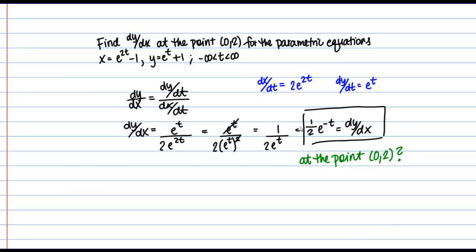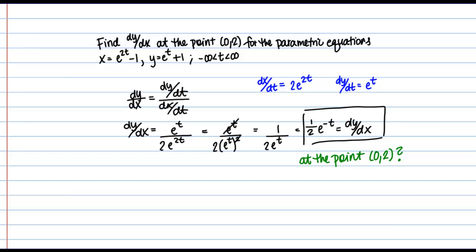But dy/dx here is expressed in terms of t. So to find dy/dx at the point (0, 2), I basically need to take this xy point and translate it into a t value so I can plug into my derivative here. This isn't going to be too hard.